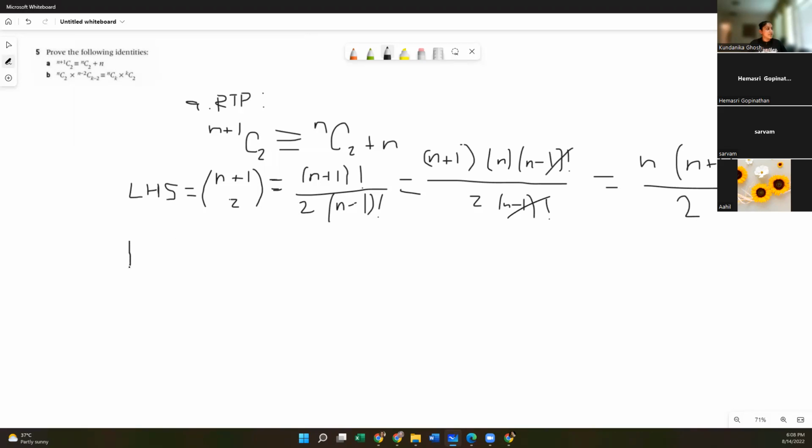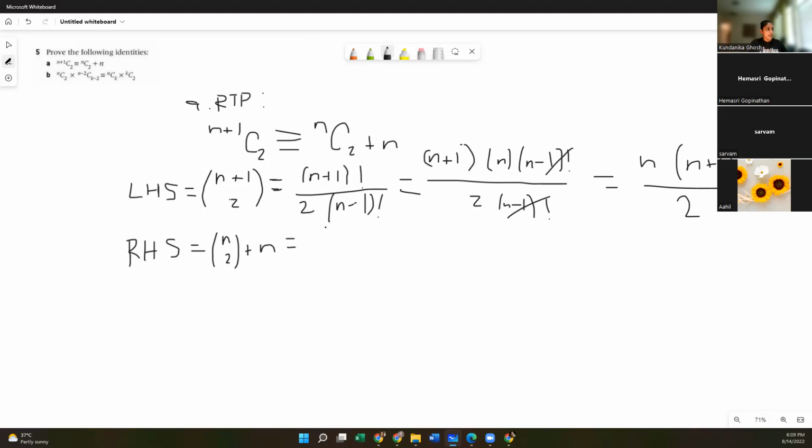Okay. And then what I'm going to do is write the right-hand side, which I can shorthand as RHS, equals n choose 2 plus n. What I like to do, like we showed over here, is just n choose 2 plus n.